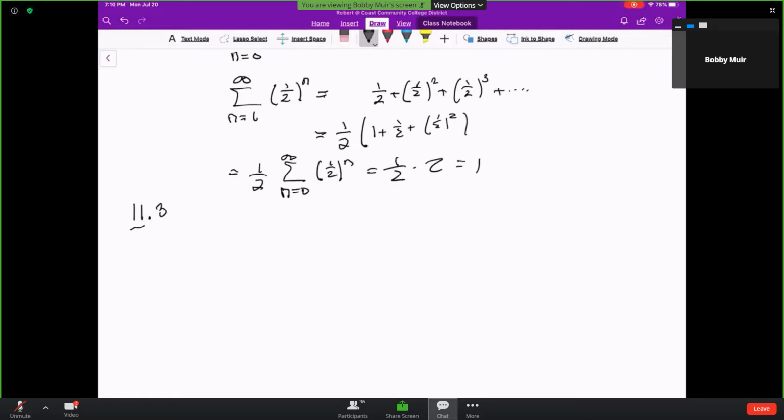Okay, new material for today, 11.3, the integral test.